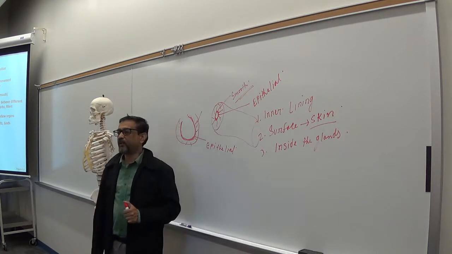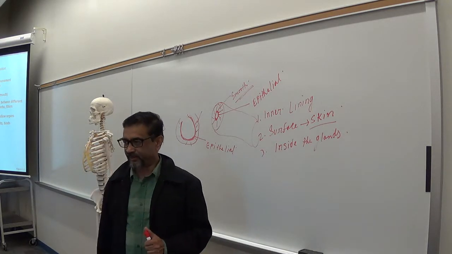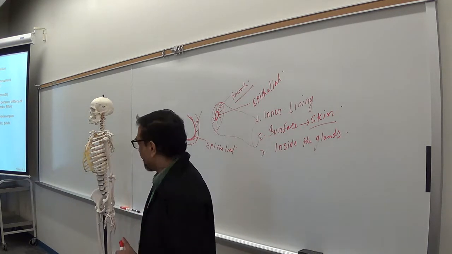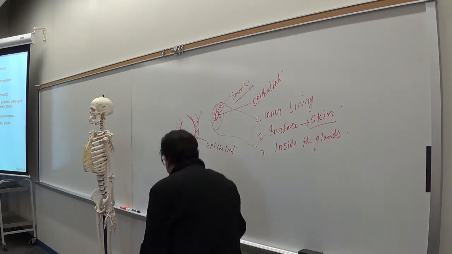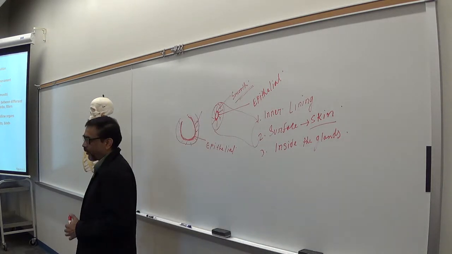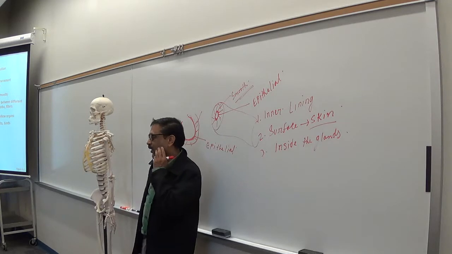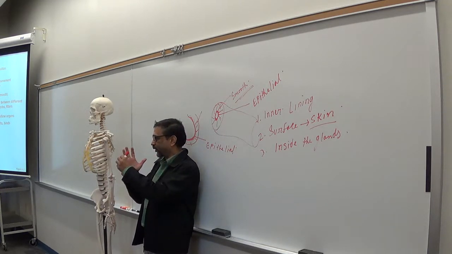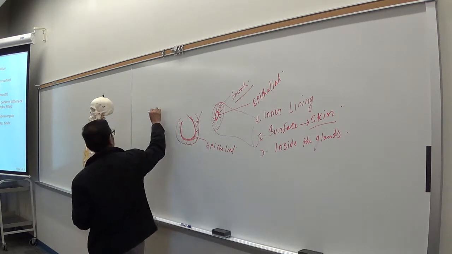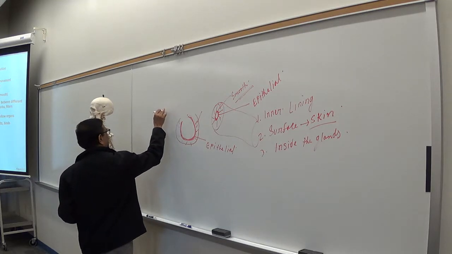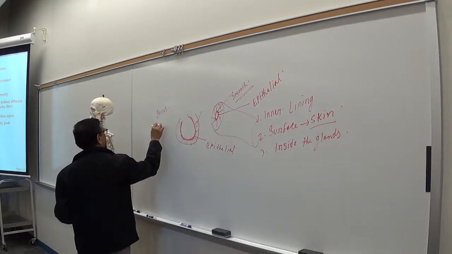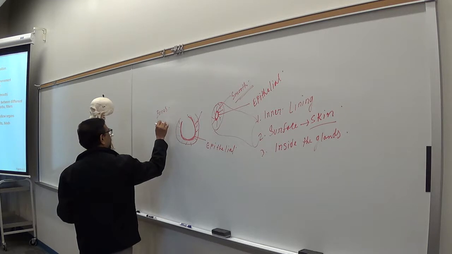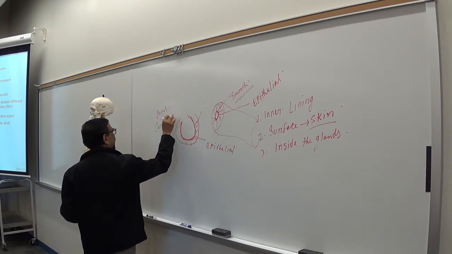Connective tissue. Most widely distributed tissue in your body is connective tissue. Many different types of structures are formed by connective tissue. Bones are connective tissue, number one. Bones are connective tissue. Cartilages, connective tissue.